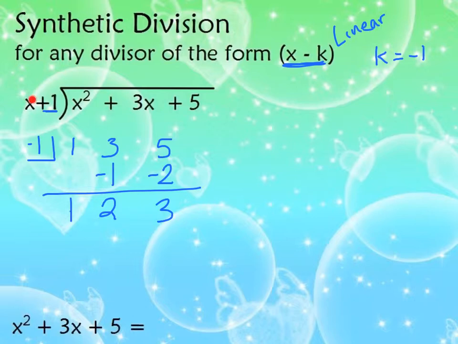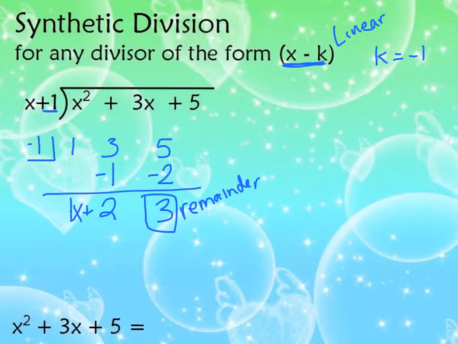Because I divided by an x to the first, my result is going to be an x to the first. If this was an x to the 6th, this would be an x to the 5th. This is basically just the coefficients of my result, the thing that I would normally have written up here. So what this is, is 1x plus 2, and then this right here is my remainder.